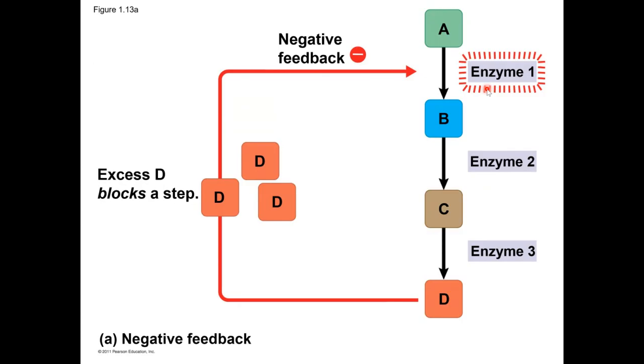And enzyme 1 turns A into B. And then enzyme 2 works on B and then turns it into C. And like you can see, I know you can read, enzyme 3 turns C into D.